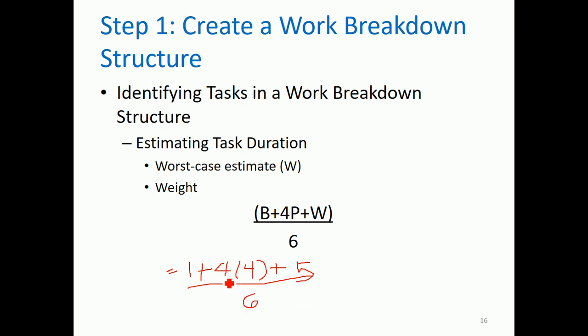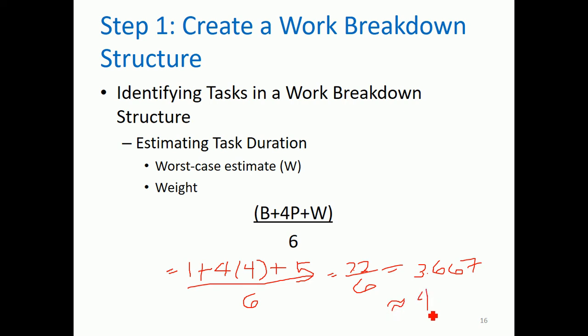So we have 4 times 4 is equal to 16 plus 1, 17, plus 5 is equal to 22. So 22 over 6 is equal to 3.66. Let's just round up to 3.667.